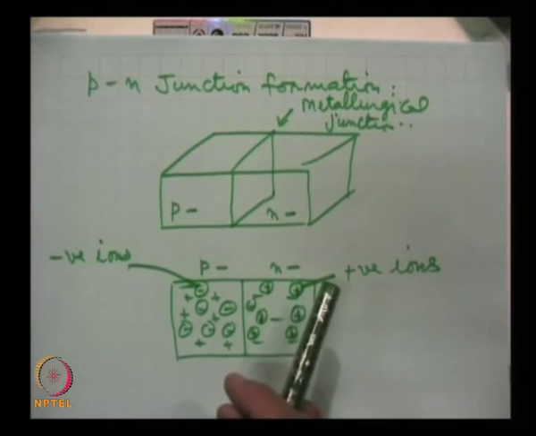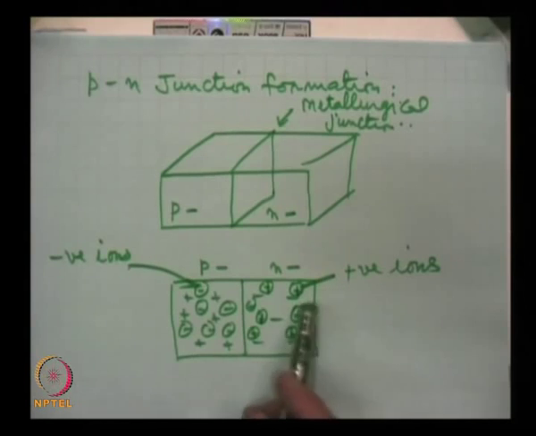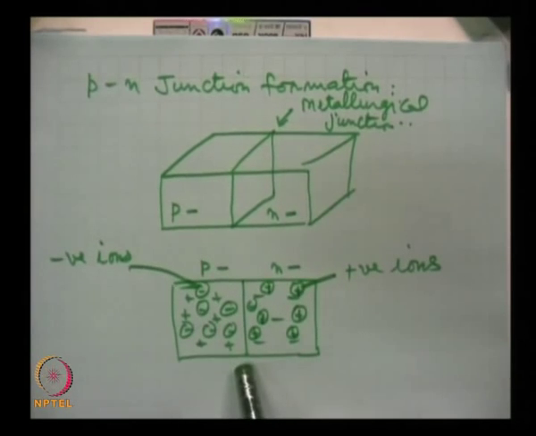This diffusion will not occur if there is no structural continuity in the semiconductor. That means, if we take a p type crystal separately, n type crystal separately, and just glue them together, then this diffusion will not occur because the physical barrier will be so high that it will stop the diffusion processes totally. A p-n junction cannot be formed.